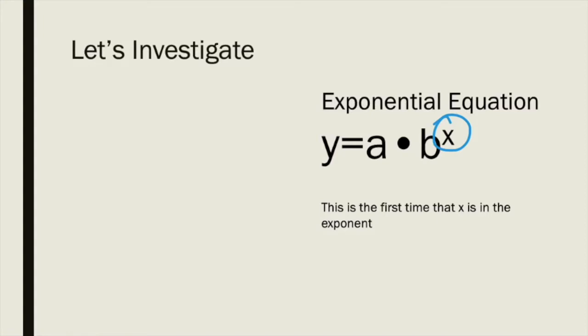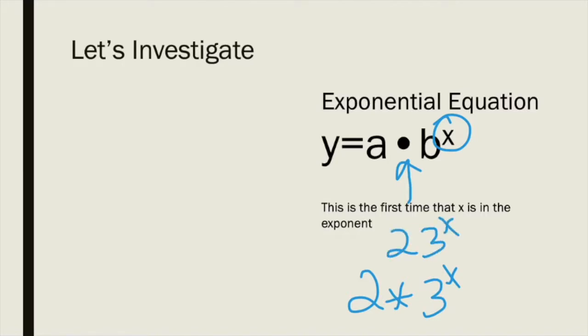If you do not put a multiply in between, like 2 times 3 to the x, you would get 23 to the x. So you have to put a multiply in between so that it's 2 times that. All right, so let's go on to investigating all these.